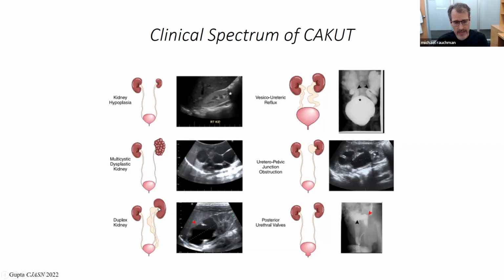And then the connection between the kidney and the bladder, the ureter, can have a variety of problems. Here's an example where you make 2 of these collecting tubes, the ureter between the kidney and bladder, and those connections don't always happen normally, and they can cause problems in terms of the flow of urine that can ultimately damage the kidney.